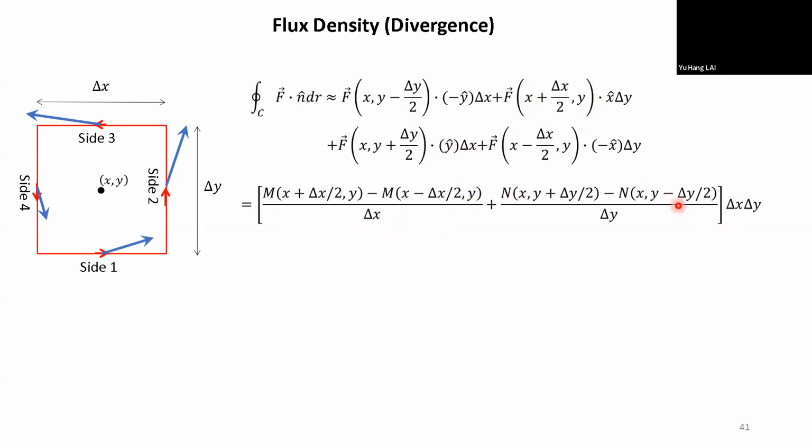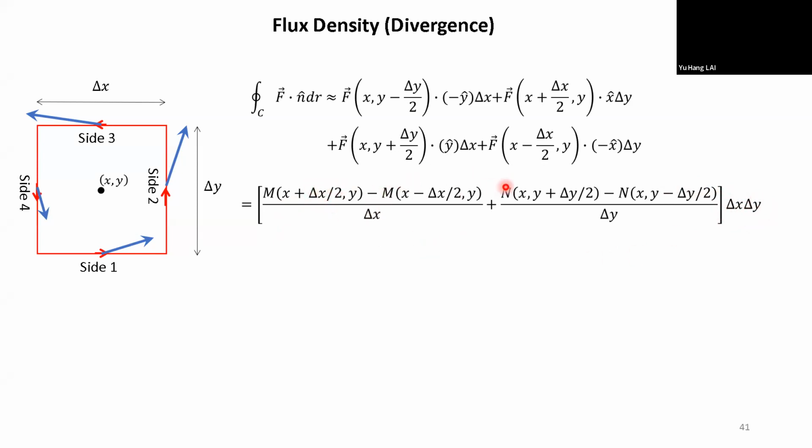And then the other term here is from the first and the third term. Here I divide by delta y and then multiply by delta y. So you can see that the whole thing has this common factor, delta x delta y.